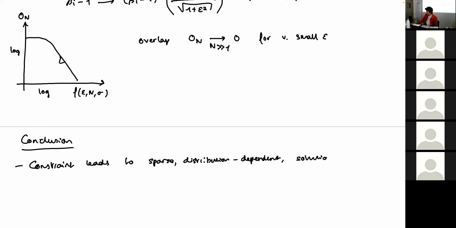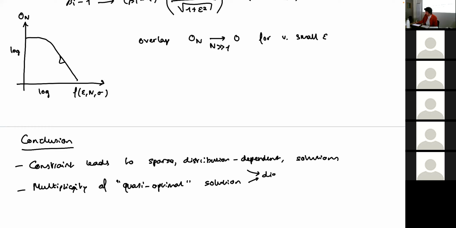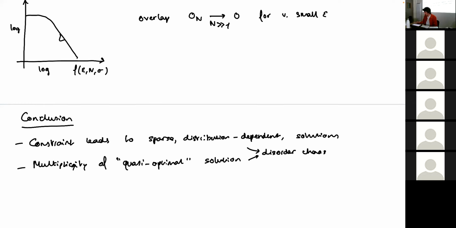This in turn brings us multiplicity of quasi-optimal solutions. So in a sense, of course, the optimality can be debated, especially for species. And so these two things together mean disorder chaos, which practically is something that's quite interesting.